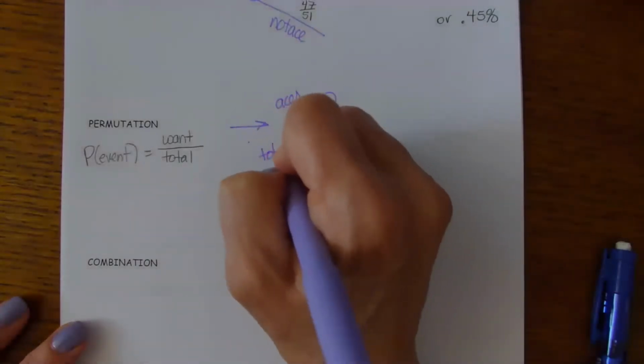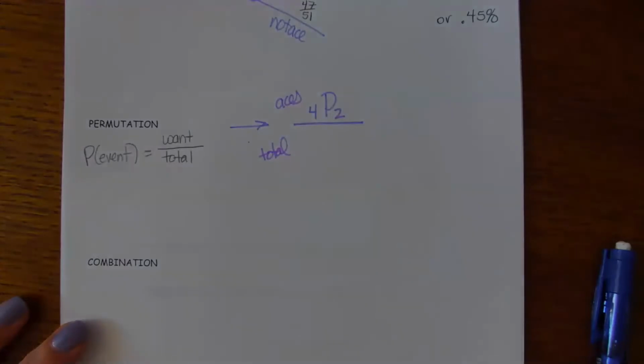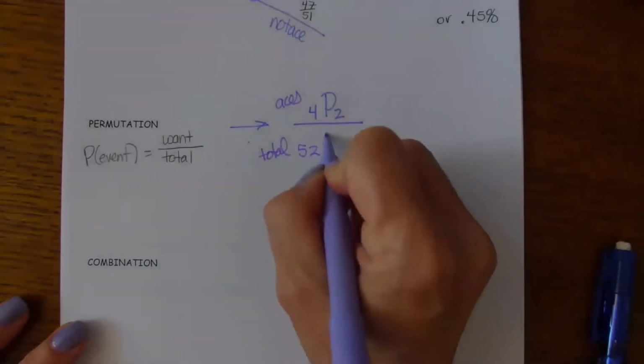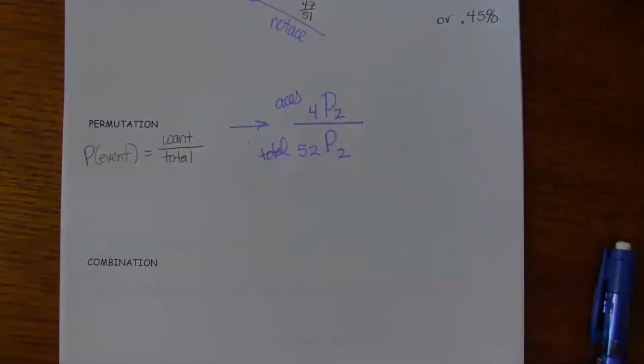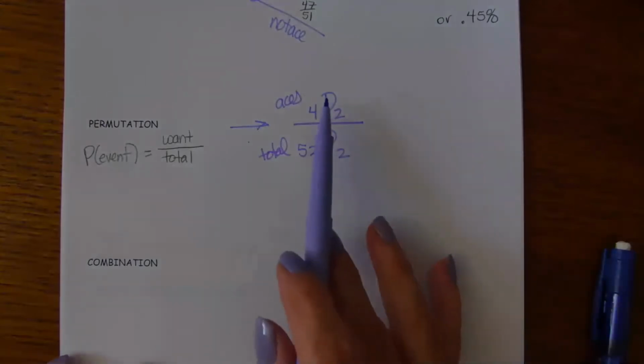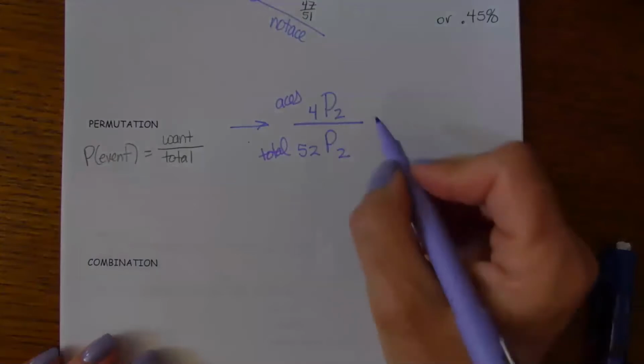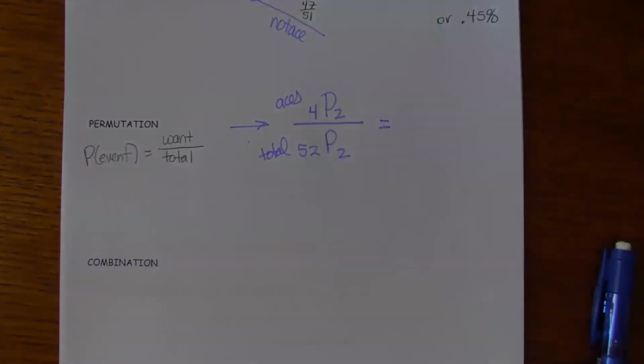And what's the total in my deck? 52. And I'm going to pick 2. Do you see how you can get probability using permutations? We've been counting, but now we can also get probability. So you just do the P form of what you're looking for over the total. Punch that in and tell me what you get. I think you'll be surprised.